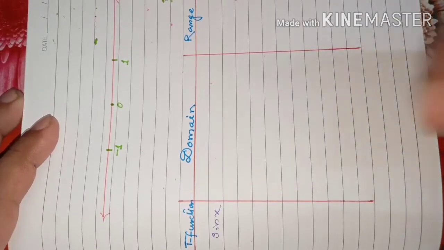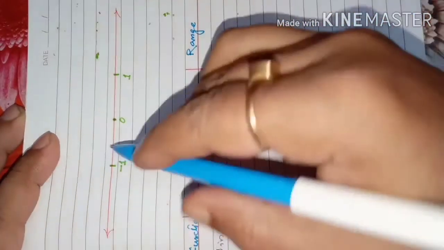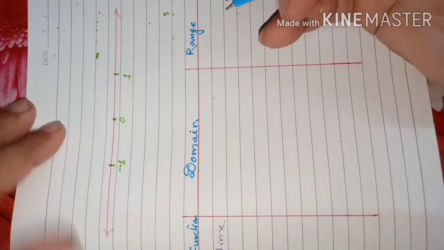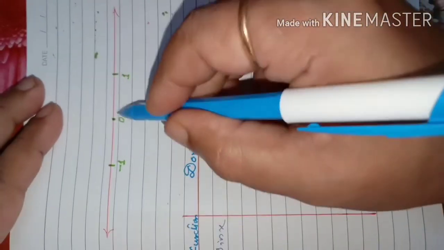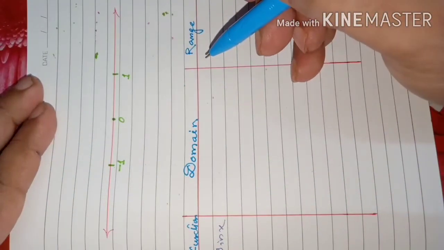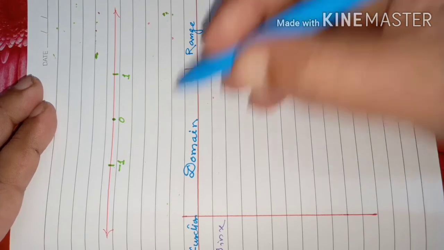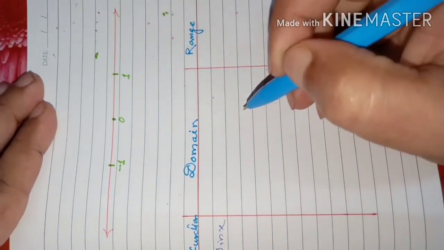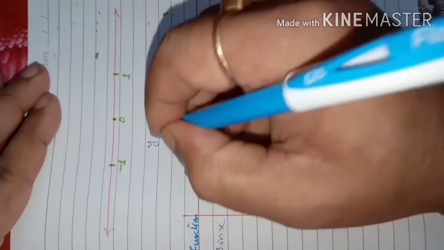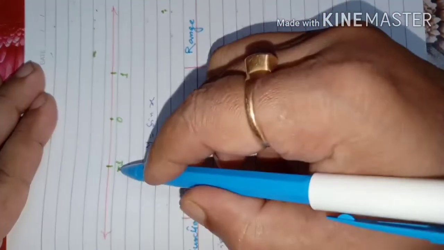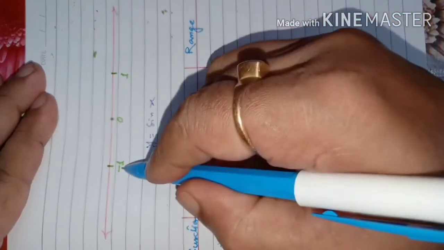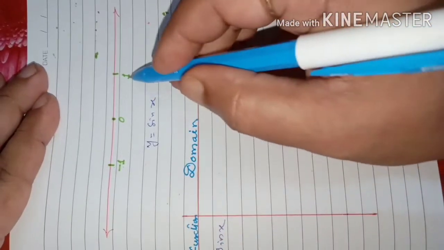So dear students, let us consider the real number line. This is the real number line, suppose, and I have marked here minus 1, 1 and 0. Now we have studied just now that y equal to sine x. The minimum value of this function is minus 1 in the range and the maximum value is plus 1.